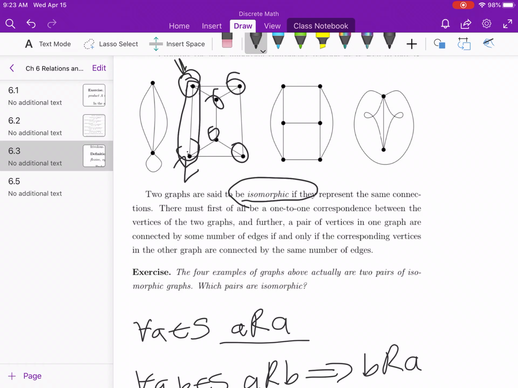Something that is going to be true about isomorphisms for graphs is that the other graph is going to have the same number of edges and the same number of points, because I have to preserve the edge endpoint relationship. There are things called graph homomorphisms, which don't necessarily need that to be true, but we won't talk about that.